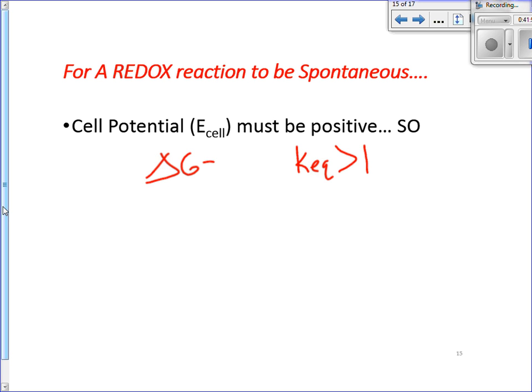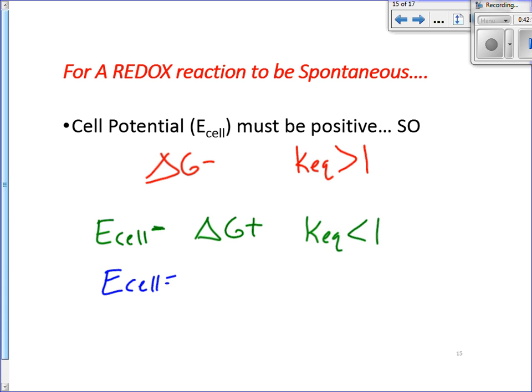So if E cell is negative, though, delta G is positive, and KEQ is less than 1. Good. And then if E cell equals 0, delta G equals 0, and KEQ equals 1.